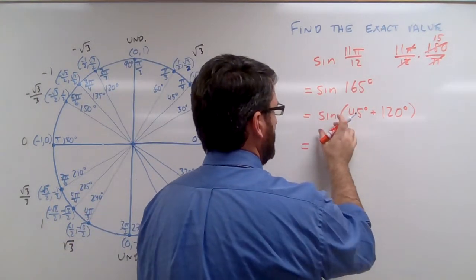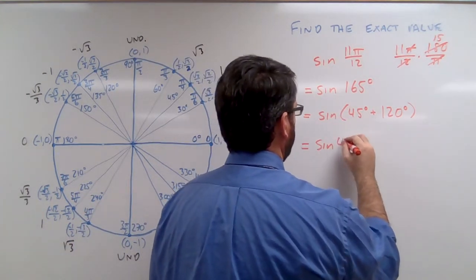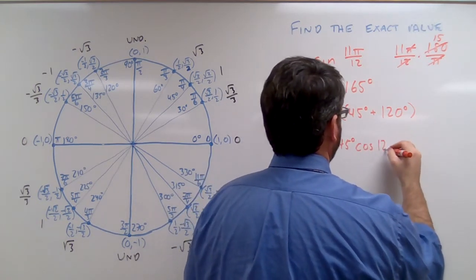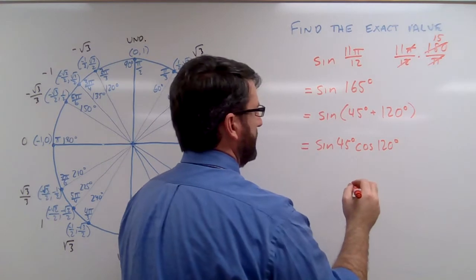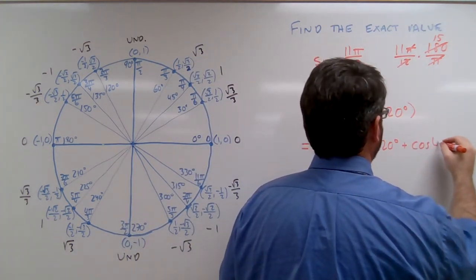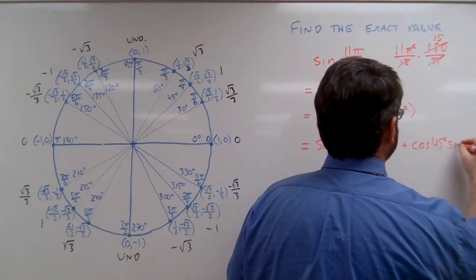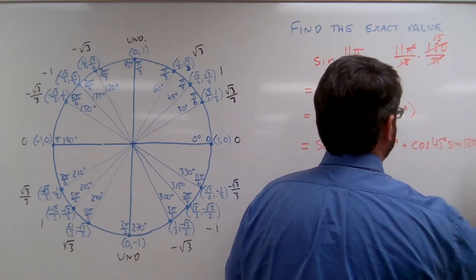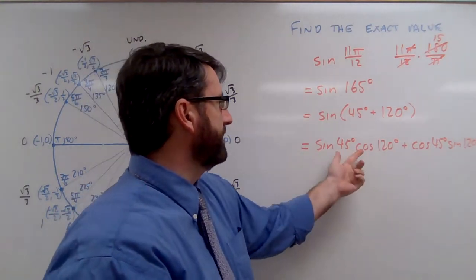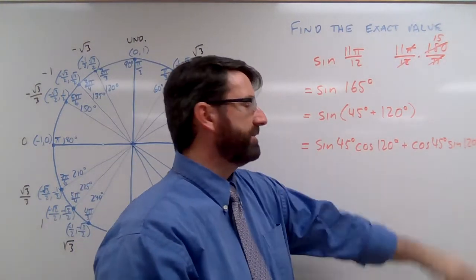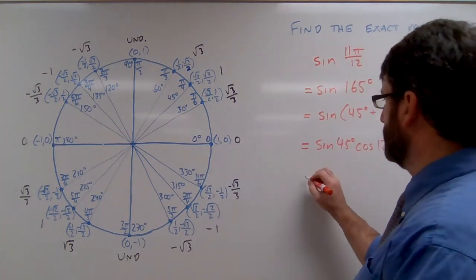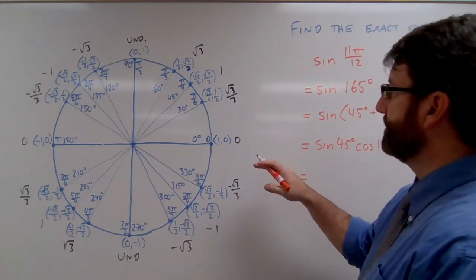So this is going to be sine of 45 degrees times the cosine of 120 degrees plus the cosine of 45 degrees times the sine of 120 degrees. All right, so sine of 45 degrees and 120 degrees are both on our unit circle, so let's fill these in.